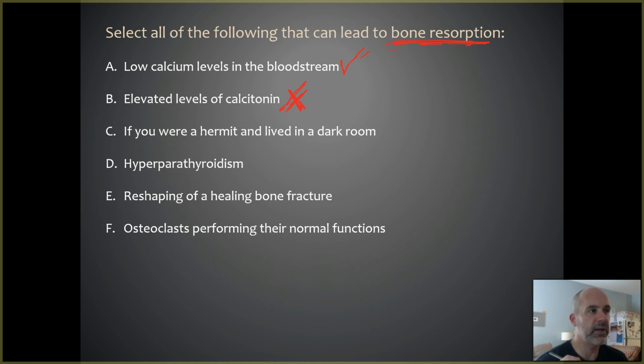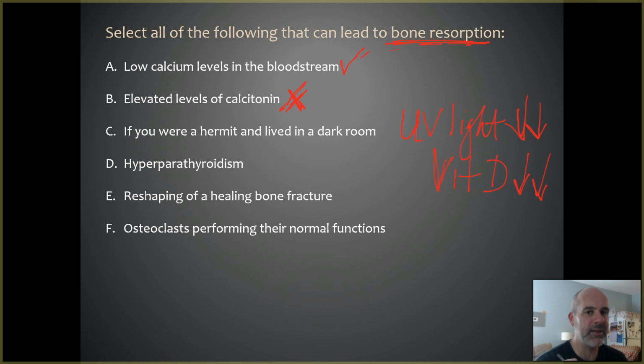If you were a hermit and you lived in a dark room, we got some critical thinking to do there. If you're in a dark room, what are you not getting exposed to? Hopefully you're thinking sunlight and good old UV light from the sun. Exposure is down. And what did UV light trigger the production of in your skin? Hopefully you're thinking vitamin D. Your vitamin D levels are going to go down.